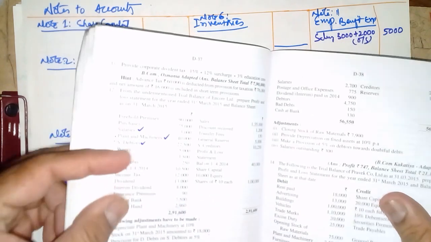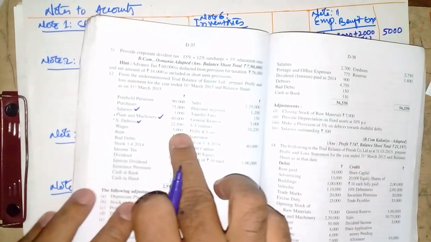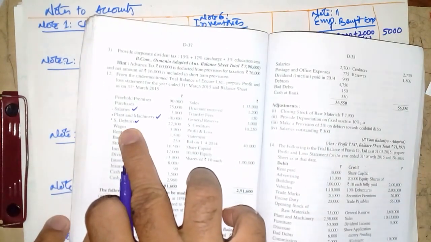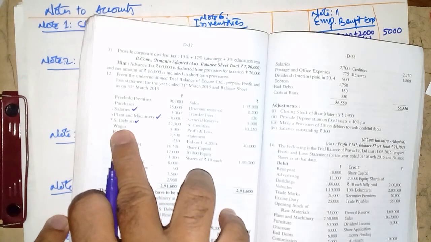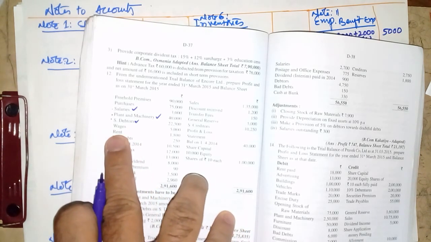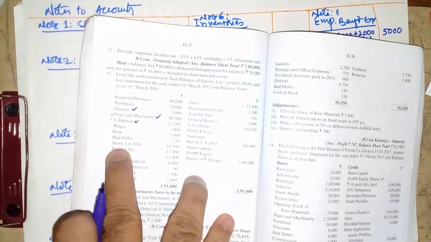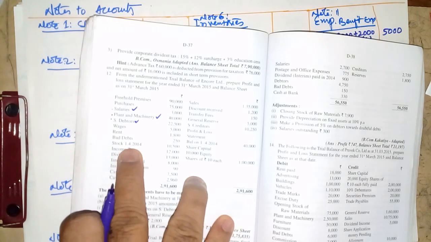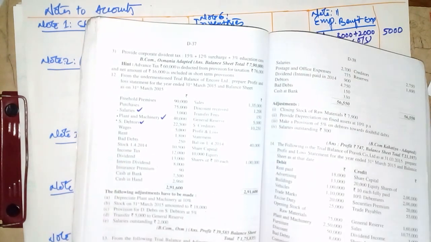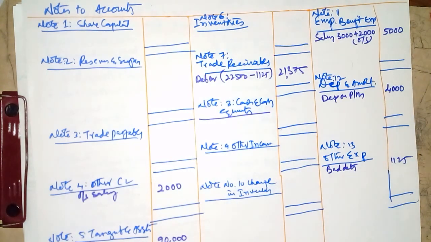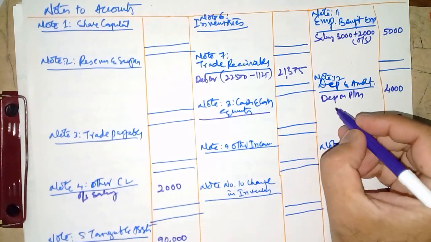Next, after debtors we have wages, an employee benefit expenditure. Then rent will come under other expenditure. Bad debts again we have given, it comes under other expenses. Then stock, right? This is opening stock. So I'll take up these items directly. First wages. Wages is an employee benefit.